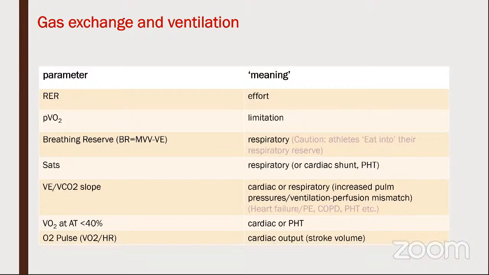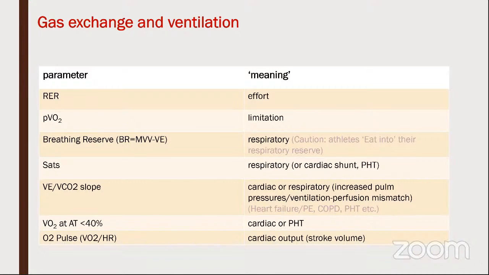The oxygen pulse is your oxygen uptake corrected for your heart rate. This is also plotted against time. It's an indirect measurement of your stroke volume, and hence it can indicate cardiac output.